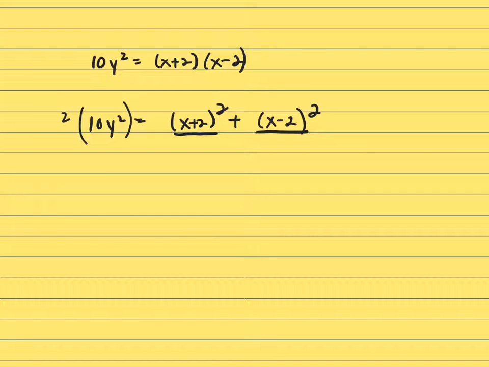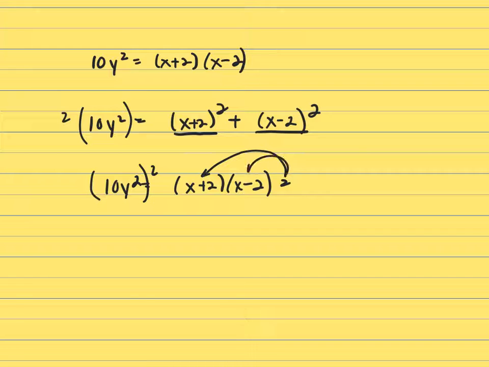But if it's x plus 2 times x minus 2, and you multiply both sides by 2, you multiply either this one or this one, not both. For example, if you have 3 times 2 times 5, do you say 3 times 2 and 3 times 5?